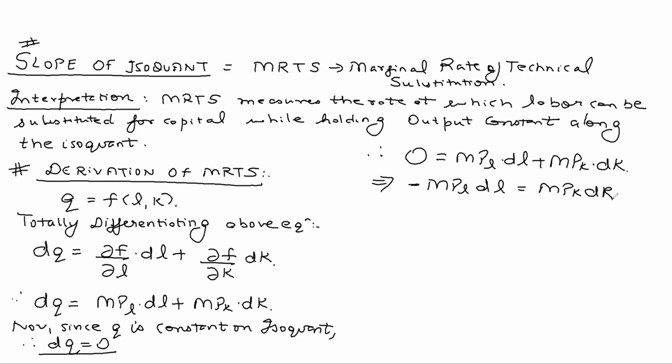So this implies that minus dk by dl is equal to mpl by mpk.